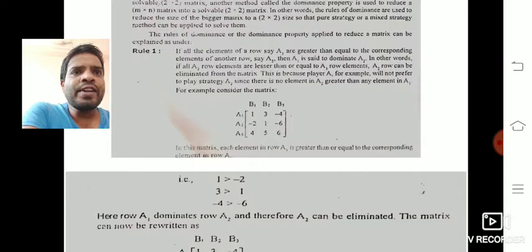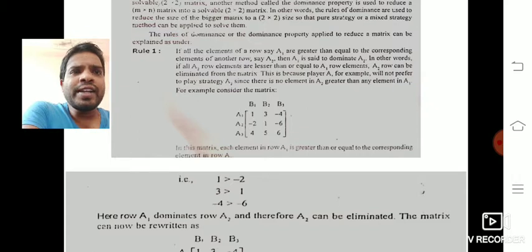Now, below, the matrix is given. Here we have 3 rows A1, A2, A3 and 3 columns B1, B2, B3. Rule 1 is with respect to rows only. That is, the A1 row elements are greater than or equal to the A2 row elements.